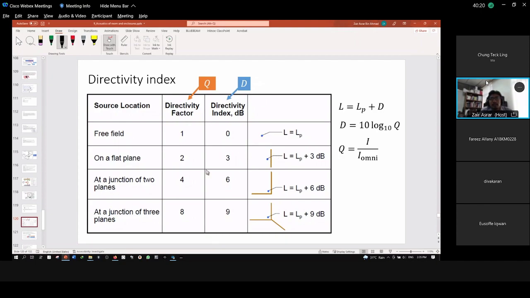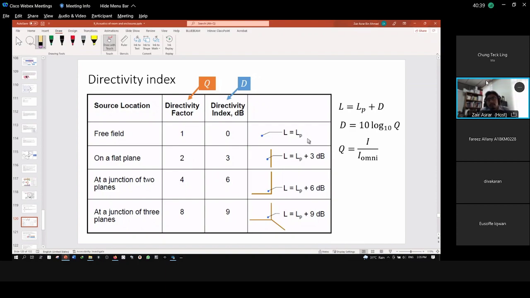So we can calculate D from Q for the junction of two planes and also for the junction of three planes. So we can calculate what will be the sound pressure level when we put the sound source in two planes and three planes as well.